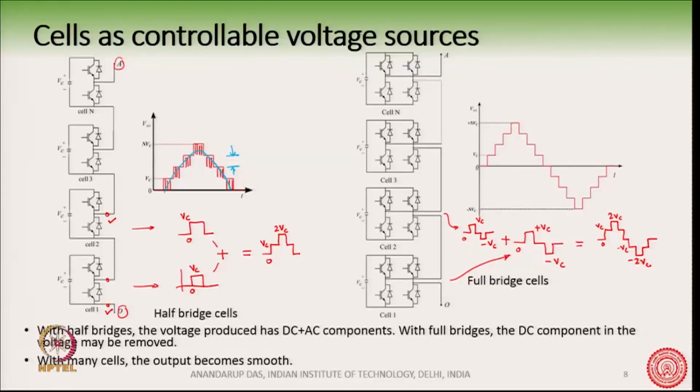Therefore, if you have n cells in cascaded fashion, then you can get such a kind of waveform at the arm. Now, this waveform of the arm voltage for a full bridge configuration, which is coming between the point A and O here, can have 0 DC. The DC component can be 0.